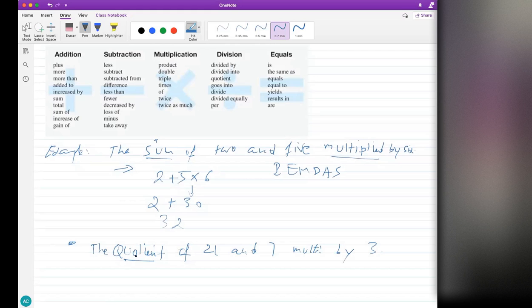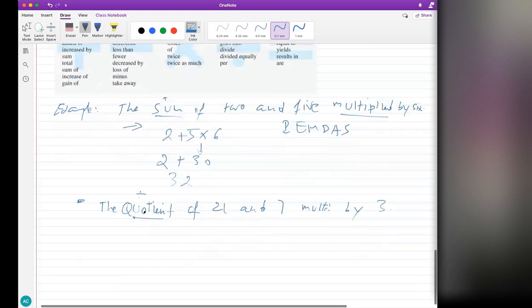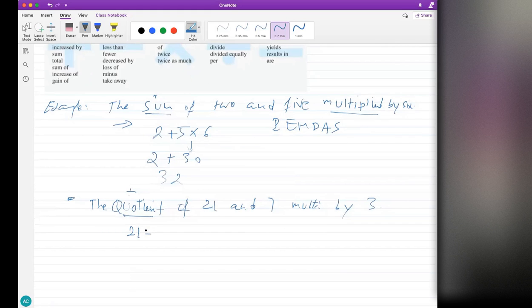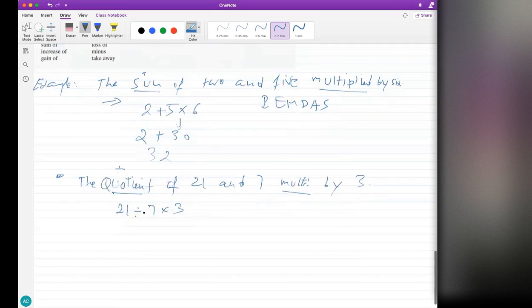The quotient, remember that, stands for division. The quotient of two numbers, and these numbers are 21 and 7. So 21 divided by 7. Then multiply by 3.